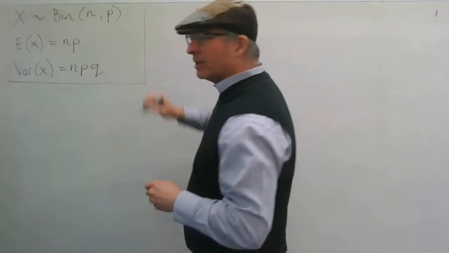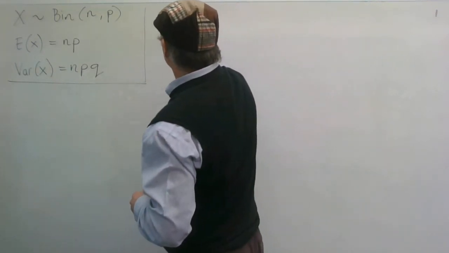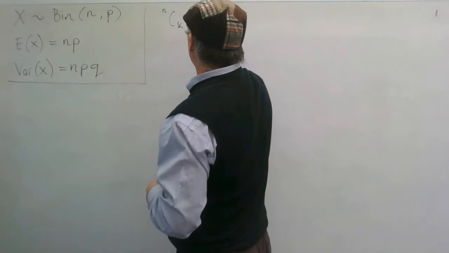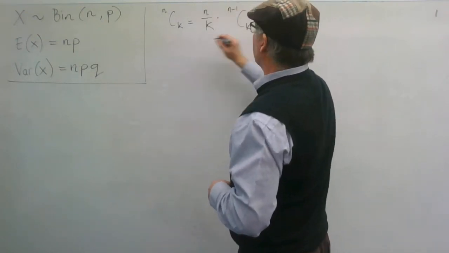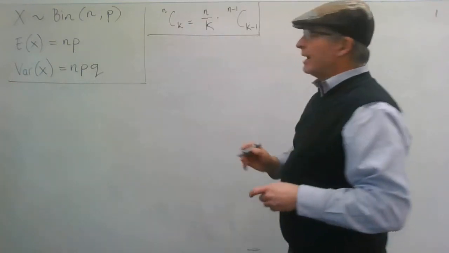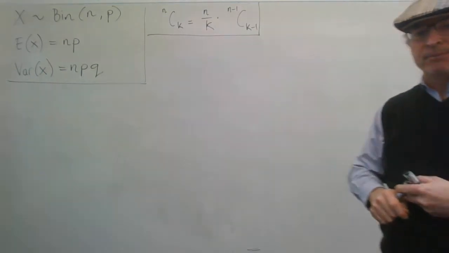One of those things was the fact that nCk is equal to n/k times (n-1)C(k-1). That was quite a good thing to use during the proof.